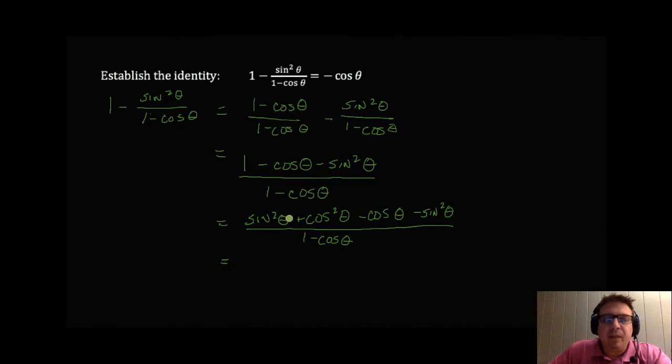All right. Well, this sine squared theta and this sine squared theta, they're going to go away because they add out to 0. So I'm left with cosine squared theta minus cosine theta, all of which is divided by 1 minus cosine theta.